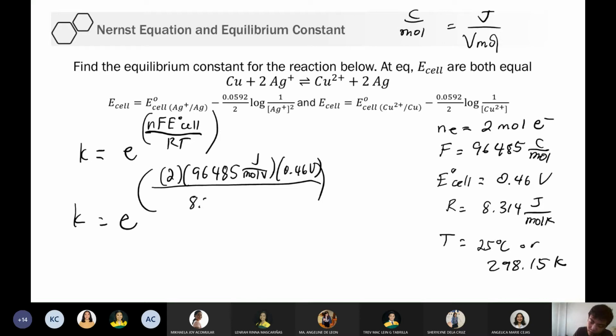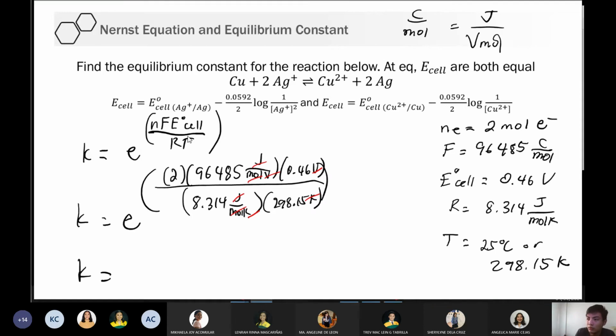R, 8.314 joule per mole Kelvin. Tapos temperature to, 298.15 Kelvin. As you can see, all the units will cancel out. Yung joule, yung mole, yung Kelvin, yung volts. So basically, this is dimensionless. Wala siyang unit. Plug in na lang natin sa calcu.